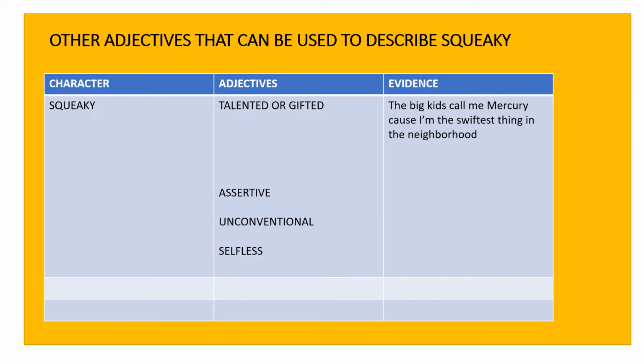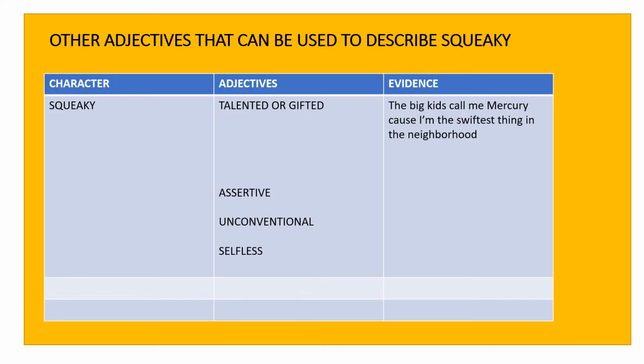Now, we want you to complete this activity in the format of a table. So, under character, you would have the list of characters, the name. So, here we have Squeaky.